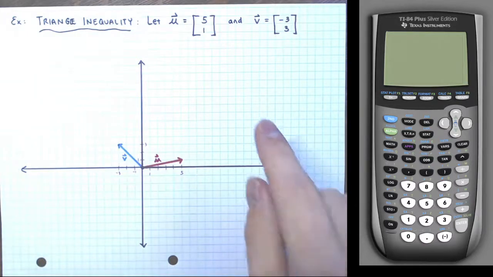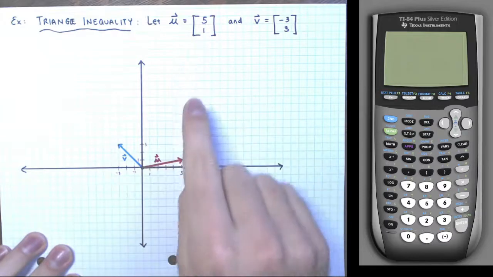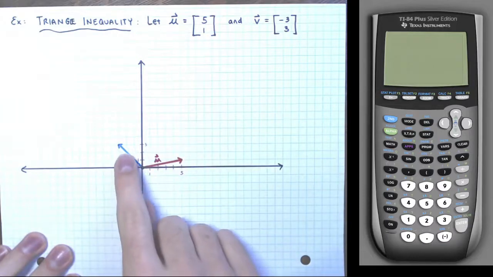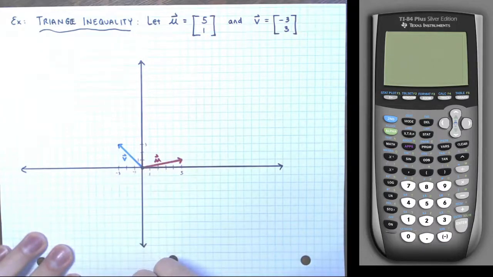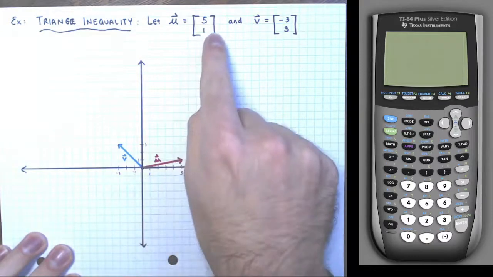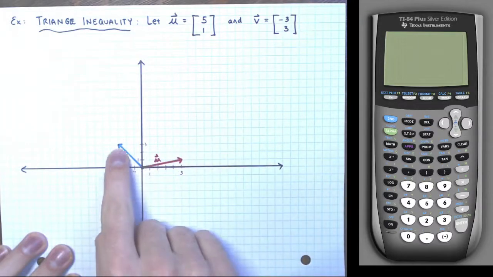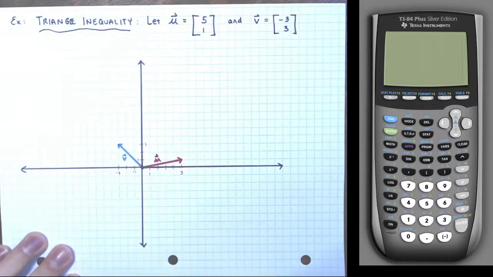So I've got vectors u and v here in R2, still. I drew them both as position vectors starting from the origin: u is (5, 1), 5 right, 1 up, and v is (-3, 3), 3 left, 3 up. Let me write their norms.